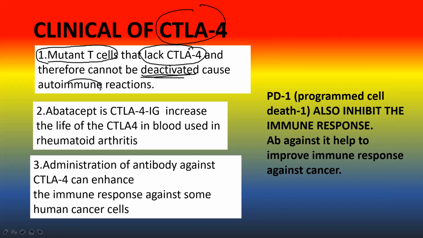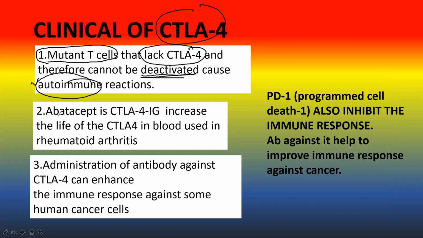What happens? Autoimmune reaction. That is also not a good thing. There must be CTLA4. First CD28 activation is done, then inhibition is done by CTLA4. If CTLA4 is absent, then no deactivation. No deactivation means full activation. Full activation means autoimmune disease. Clear? They lead to autoimmune disease.